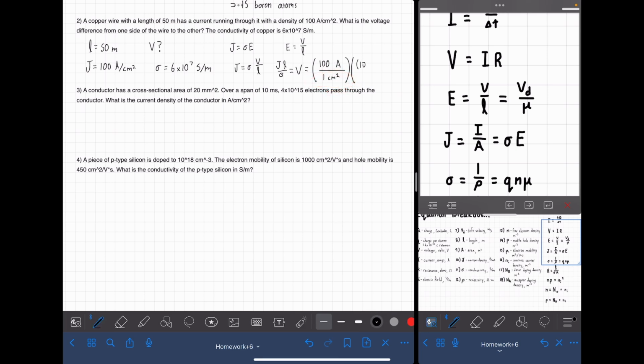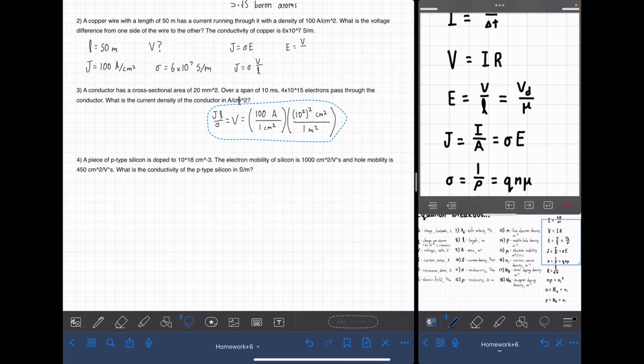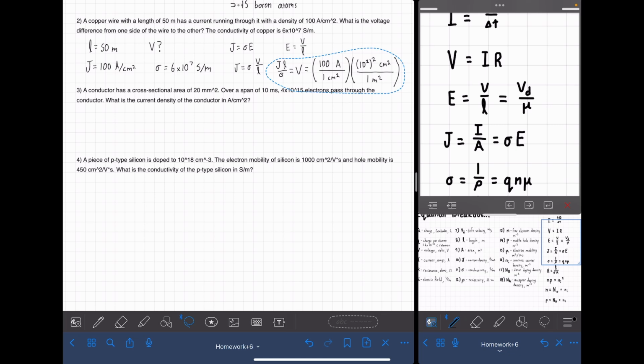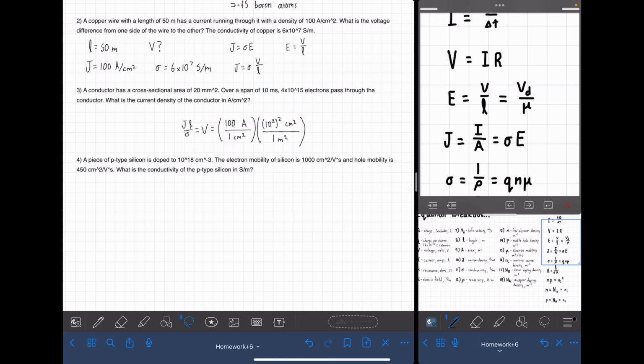We have 10 to the 2 centimeters squared in 1 meter squared. I am running out of space here. I will just move this. So now we have it in terms of amps per meter squared.